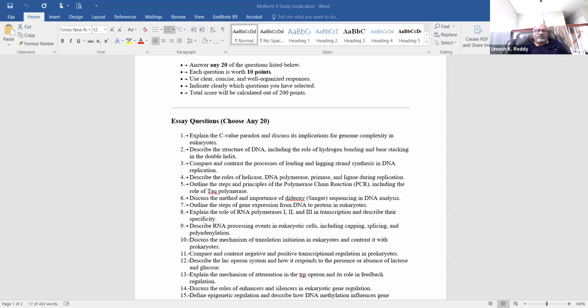Whereas RNA polymerase 2, as we discussed, transcribes messenger RNAs, precursor messenger RNAs, and also small nuclear RNAs. The small nuclear RNAs and microRNAs regulate translation. You remember we discussed that. So RNA polymerase 2 is responsible for synthesizing the messenger RNAs and also small nuclear RNAs and microRNAs.